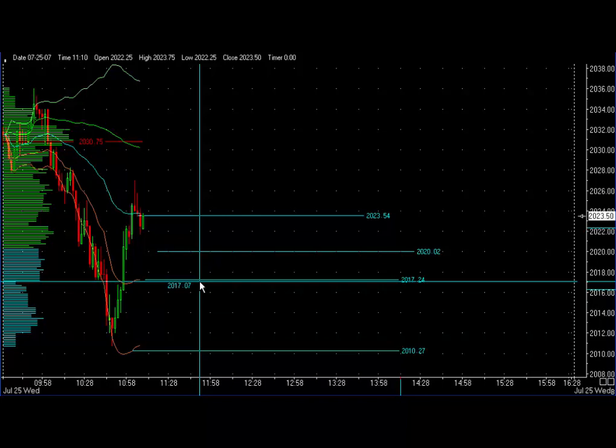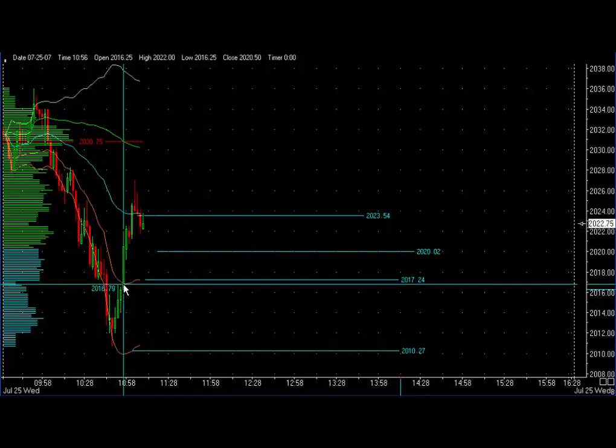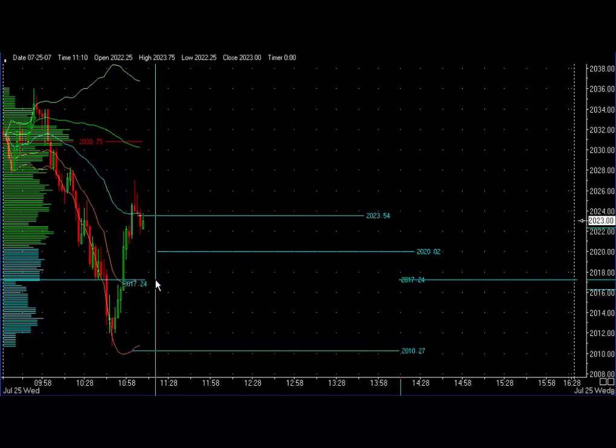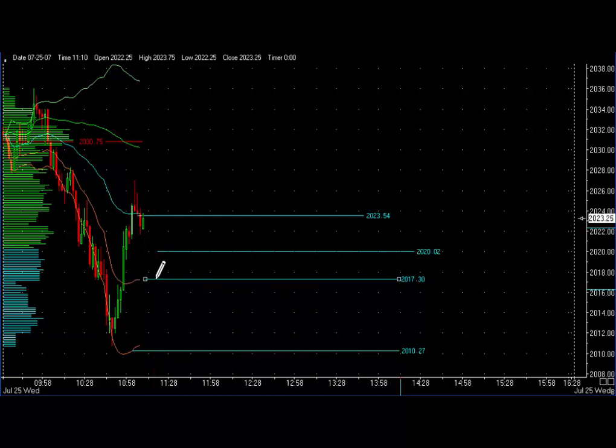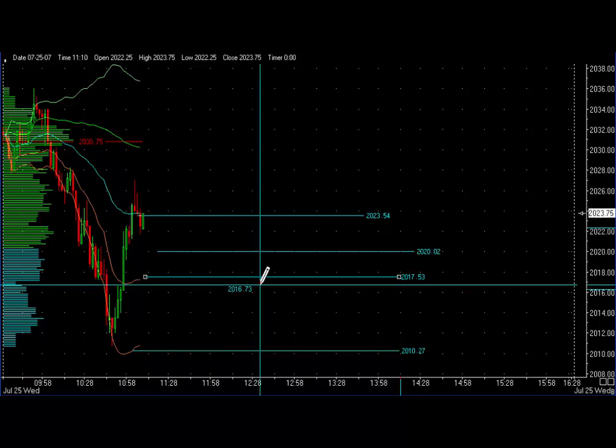And that being the case, it has moved up, as you can see from his initial entry, which was here. The first standard deviation was 2016-85, and now it's 2017-24. So he should actually move his profit target up yet another tick. So we'll move it up to 2050.